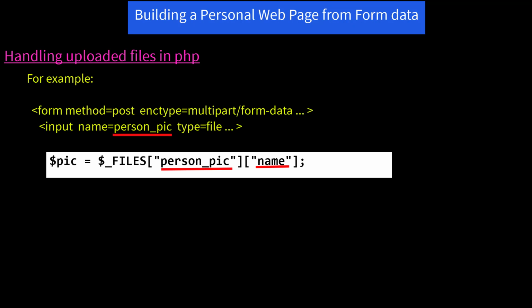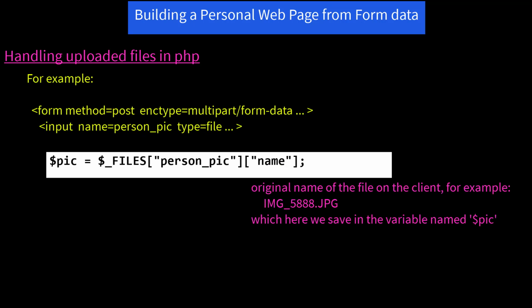So person_pic is the name in the sending input control, and name is the index in the $_FILES["person_pic"] properties array. And the name property contains the original name of the file on the client. For example, img_5888.jpg, which here we save in the variable named $pic.